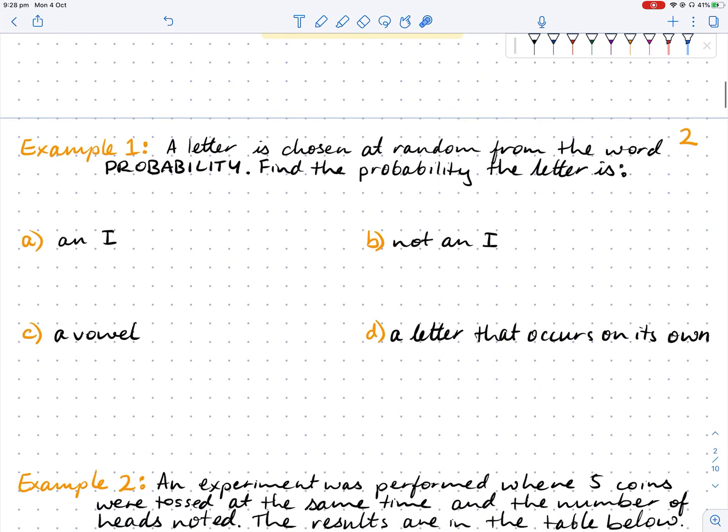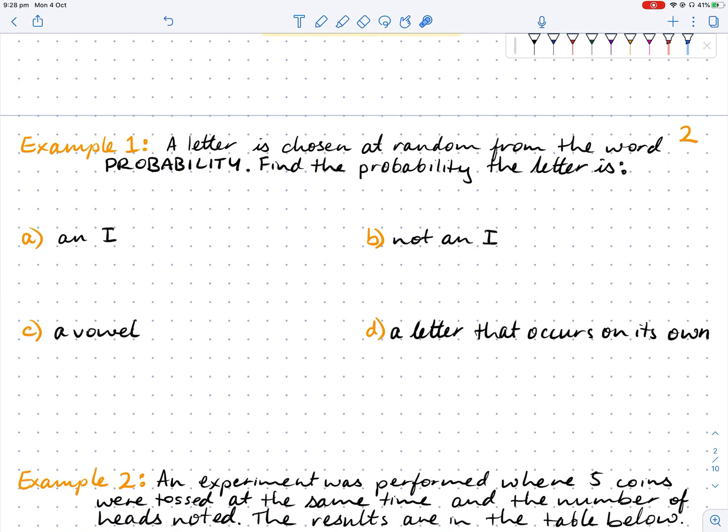So let's have a look at a couple of examples. A letter is chosen at random from the word probability. Find the probability that the letter is I. So the first thing we need to do is tally up what sort of letters we've got. We've got a P, an R, an O, a B, an A, another B, an I, L, another I, a T, and a Y. So 1, 2, 3, 4, 5, 6, 7, 8, 9, 10, 11 letters.